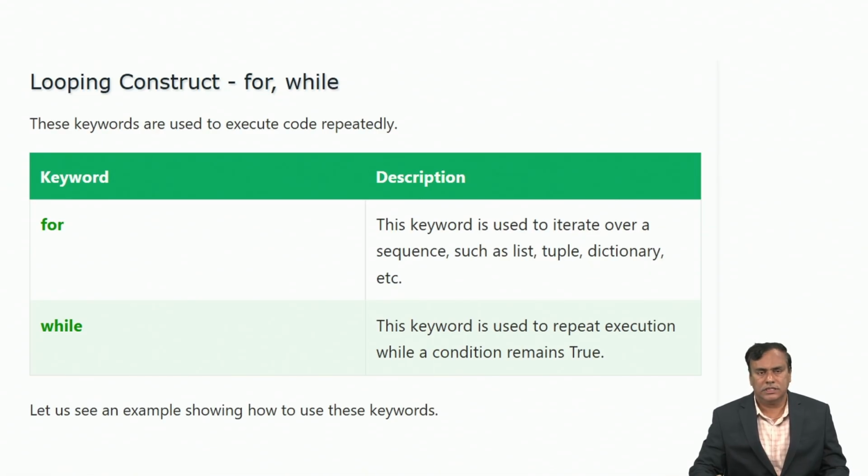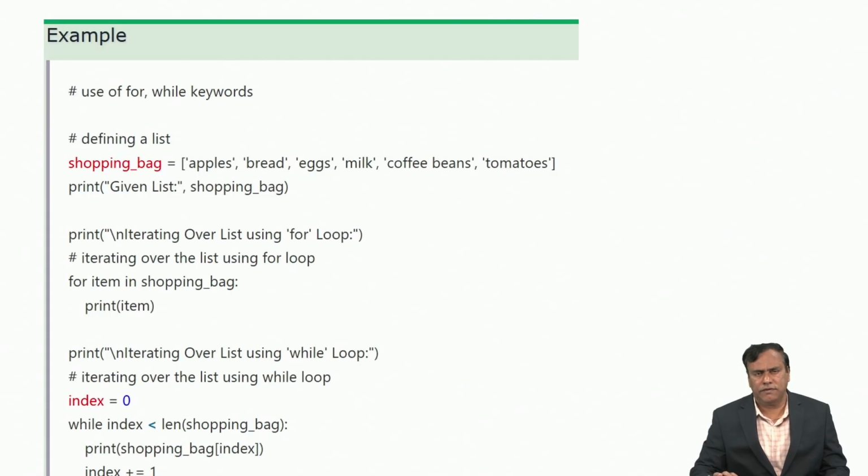So these are the keywords for and while. Now we are going to discuss in more detail what these for and while keywords are. Here I have created a list by the name shopping bag, and it has some values like names of fruits, vegetables, and milk products.